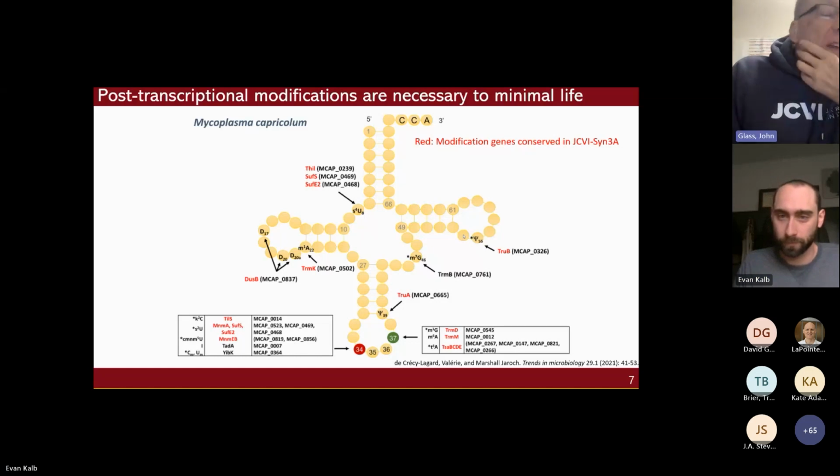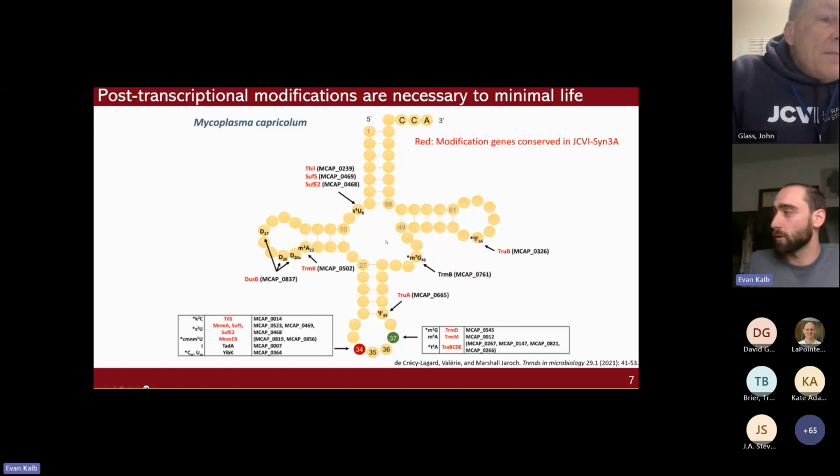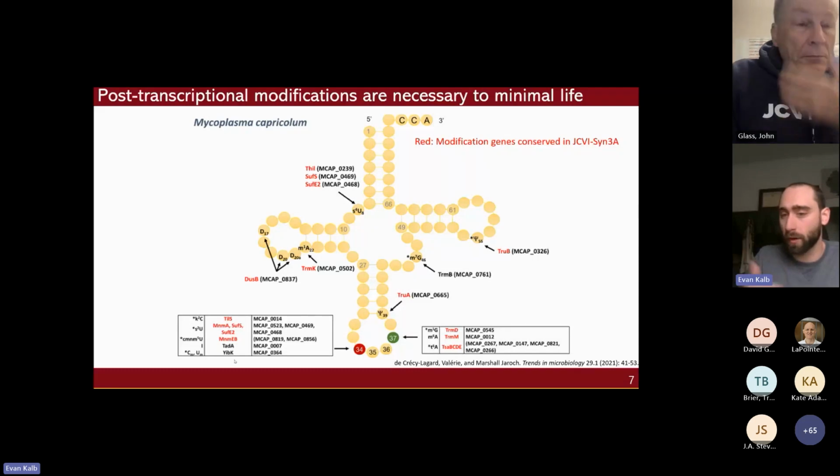As a result of minimization, did we eliminate some of the genes, or the proteins, that modify tRNAs? Do you know? Yes. At least you got rid of tAA and this YBK. And these are particularly interesting ones because, like I said, tAA is indispensable in E. coli and higher prokaryotes.